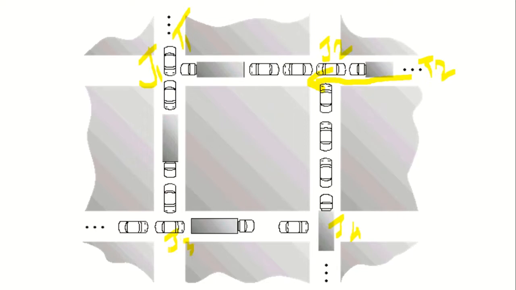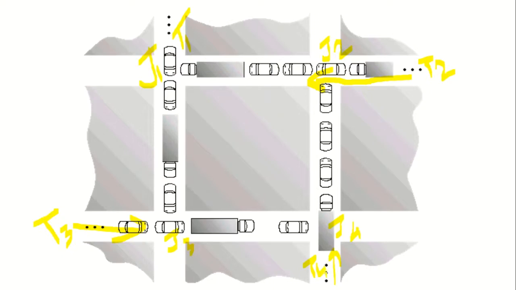Now, which traffic is holding junction J3? J3 is held by the vehicles passing in this direction, and we can call this traffic T3. Now, what about junction J4? Junction J4 is currently held by the traffic coming from this direction, and we will name it traffic T4.